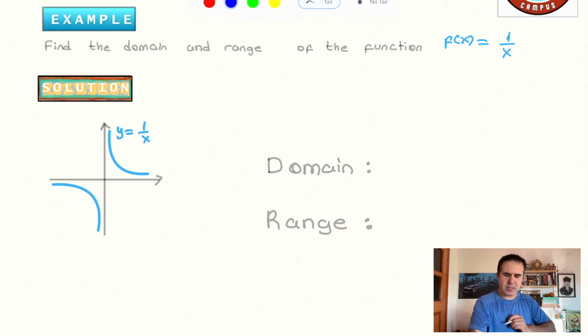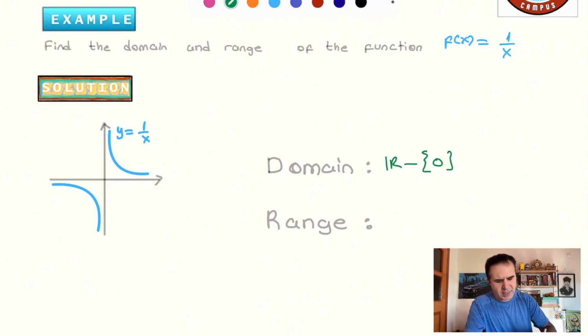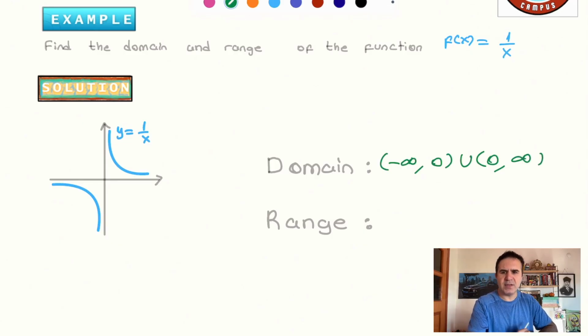Therefore, x equals 0 is not allowed in the domain. So the domain will be all real numbers except 0. Or we can write it as minus infinity to 0 and 0 to plus infinity.